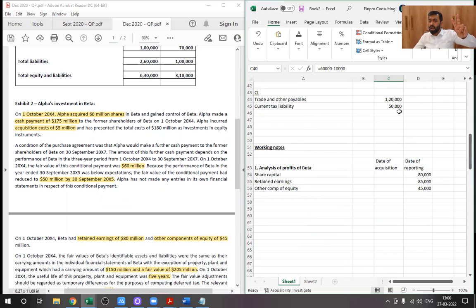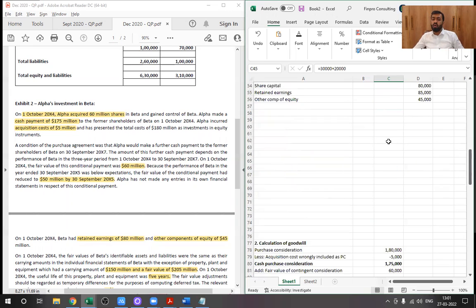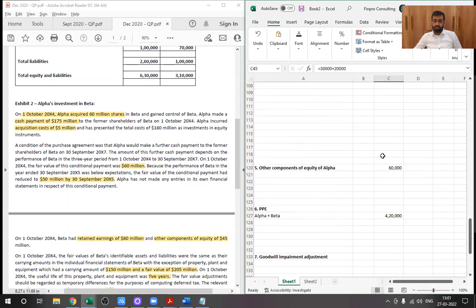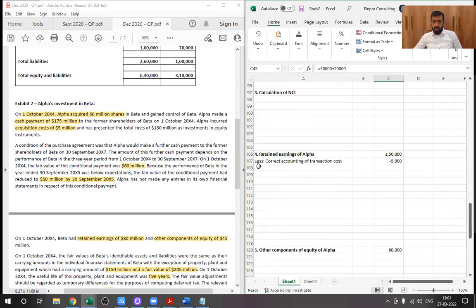The second impact, I created a liability for 60,000, but subsequently I reduced it because the fair value changed after the acquisition date, on the subsequent reporting date. Every year it has to be at fair value. So that reduction I'll have to account in the retained earnings. My profits will increase because of that.